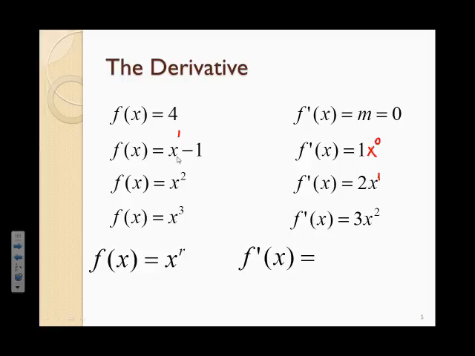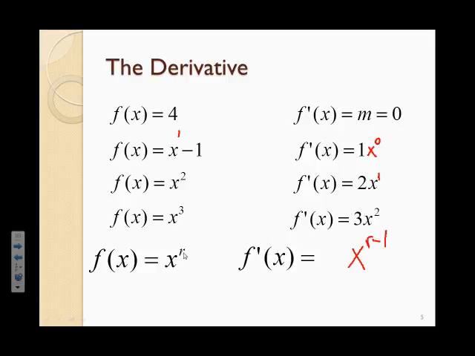Anything to the 0 power equals 1. So even here we see that it is consistently this way, that whenever we're doing your x's, it's going to be x to some power. From looking at the pattern, from 3 it's 2, from 2 it's 1, from 1 it's 0, and okay, well in that case it must be 1 less than the power you're starting with. So if you're starting with r as your exponent, the power is going to be r minus 1.